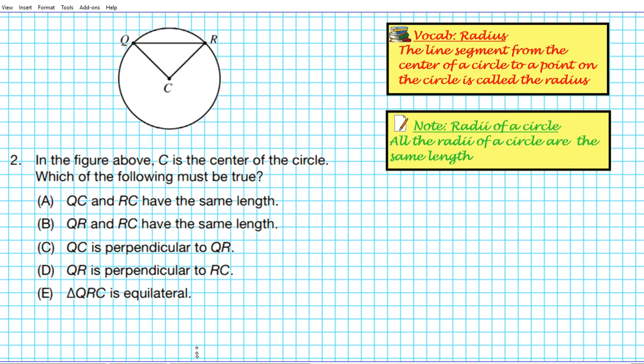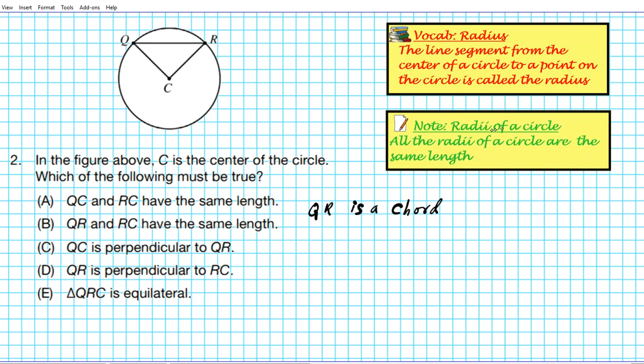What is QR? QR is a chord. Any segment that connects 2 points in a circle is a chord. So QR is a chord. We don't know anything about the measurement of QR, so let's leave that out for now. But we know something about QC and RC.